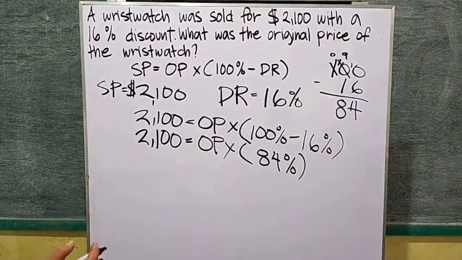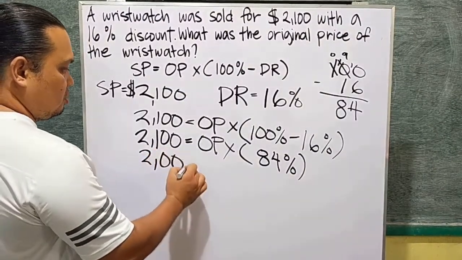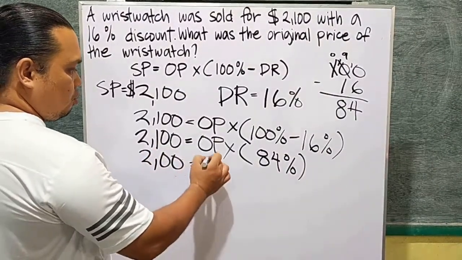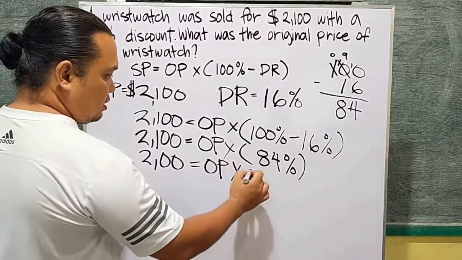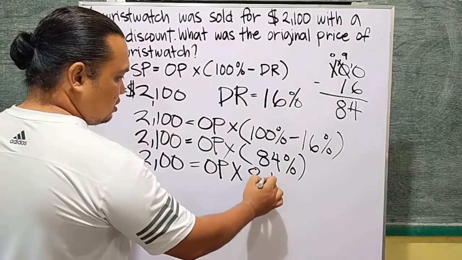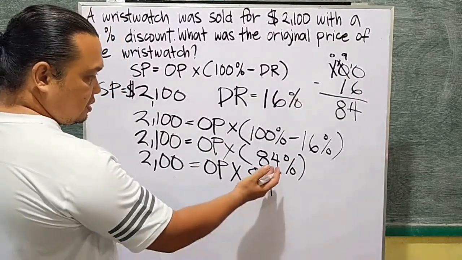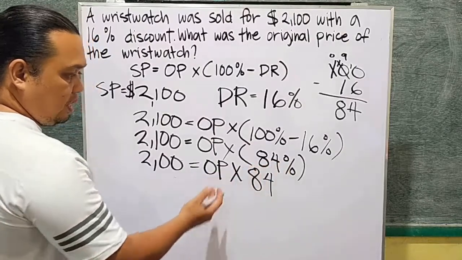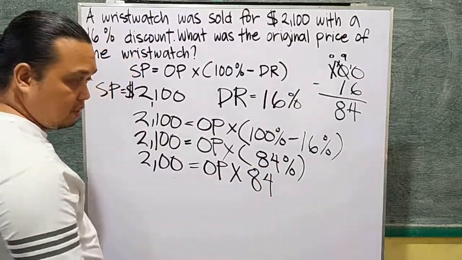So let's further simplify our solution. Copy. Now OP times, let's remove the parentheses, 84. Now, how do we multiply 84% by OP? By changing the percent into a decimal number.